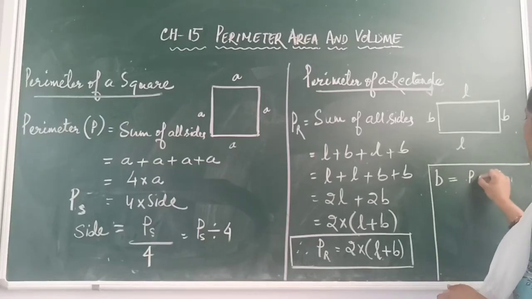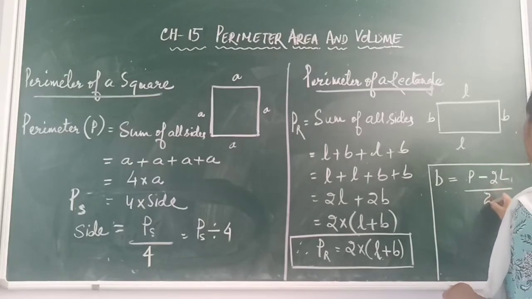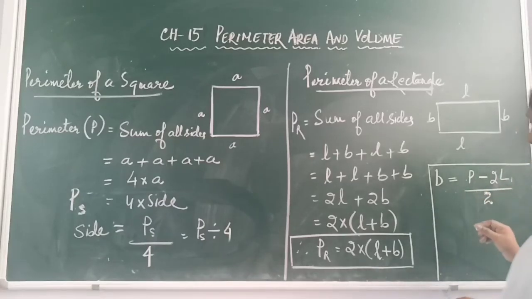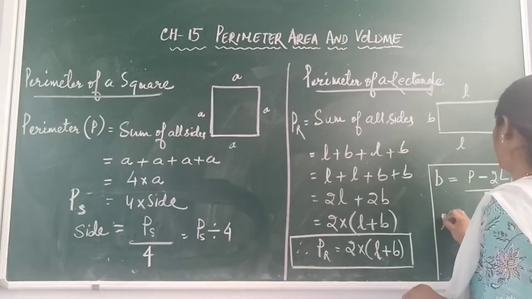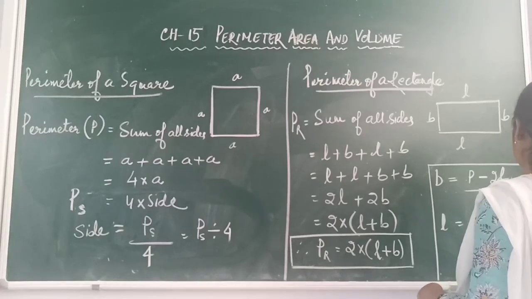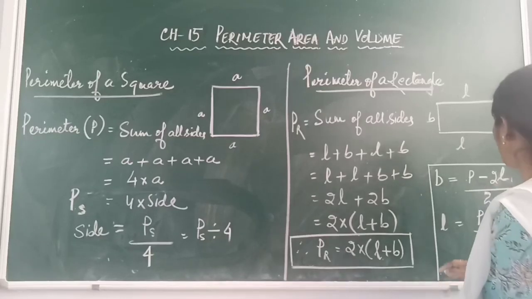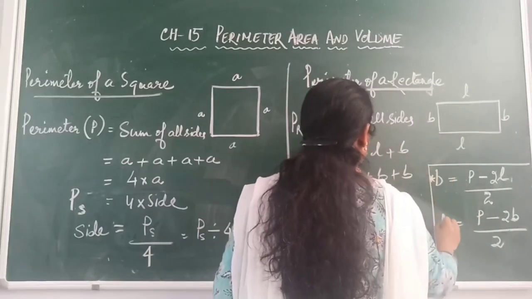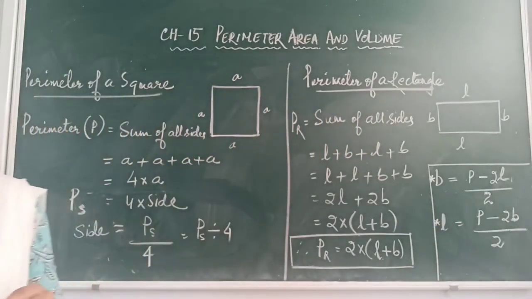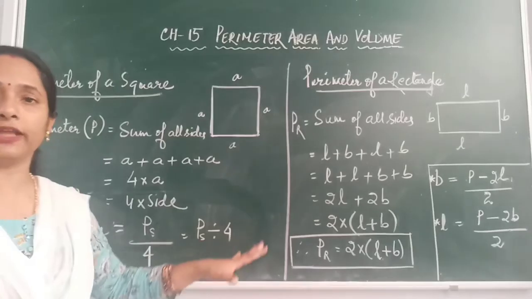Perimeter minus twice the length, divided by 2, will give you the value of breadth when the perimeter and length of a rectangle are given, and length can be found by subtracting twice the breadth from the perimeter and dividing it by 2. All these are very important formulae which are going to be very helpful for you in solving the warm-up exercise. Okay, so you have to note down each and everything that is solved here.